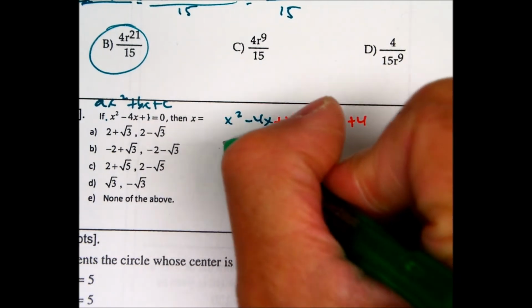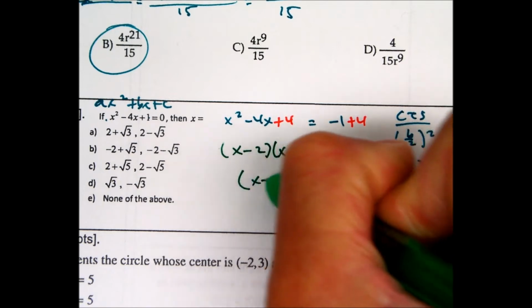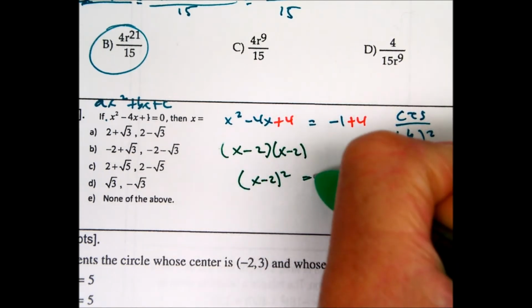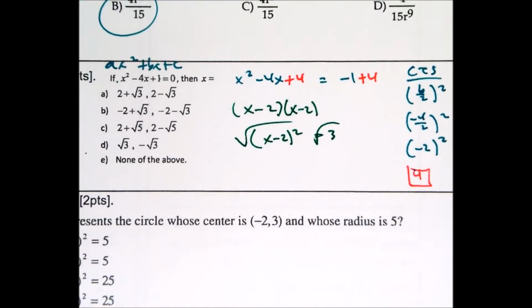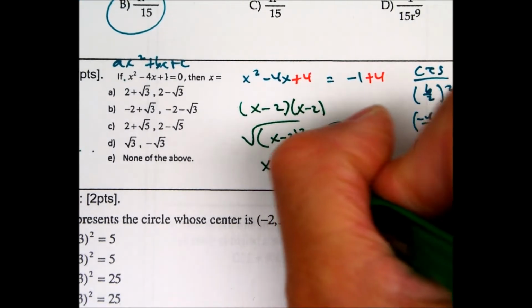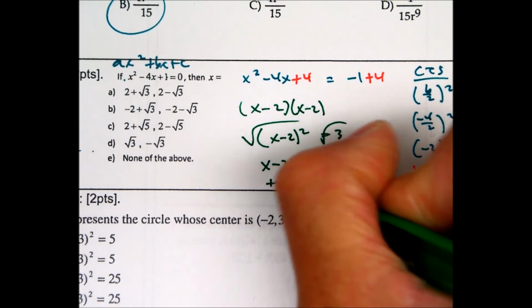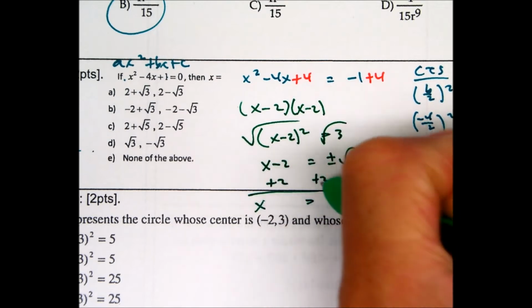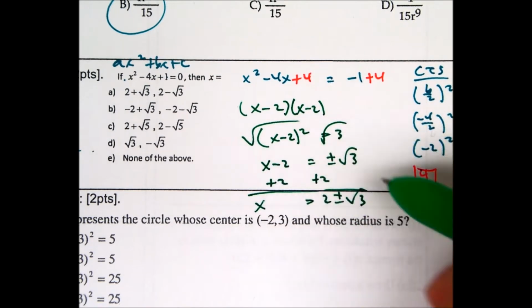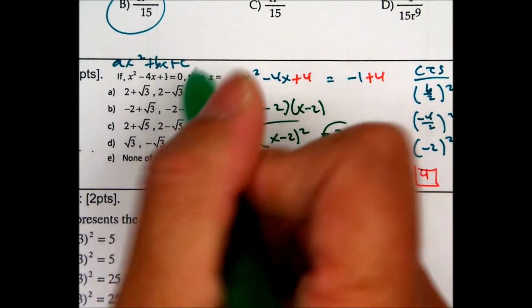And here if I factor, I get x minus 2, x minus 2, and x minus 2 squared equals 3. You can square root both sides. I get x minus 2 equals plus or minus radical 3. And when I add the 2, it goes to the left of that plus or minus, so x equals 2 plus or minus radical 3. So that would be choice A.